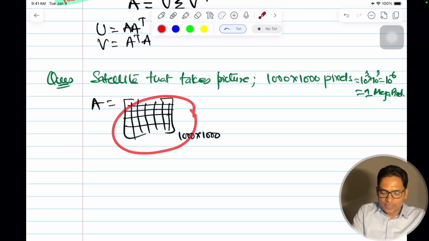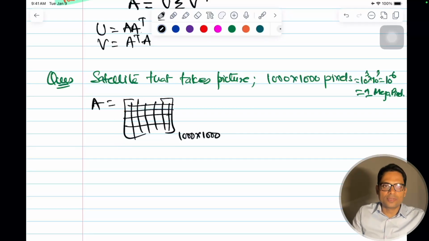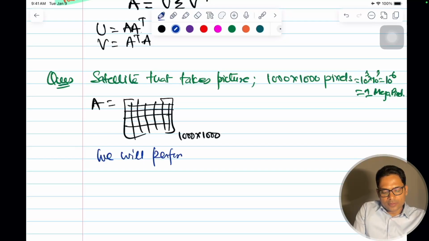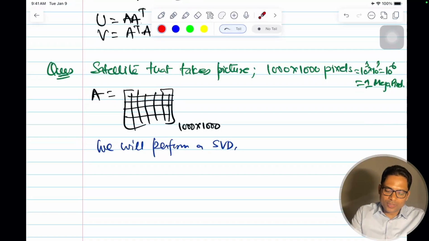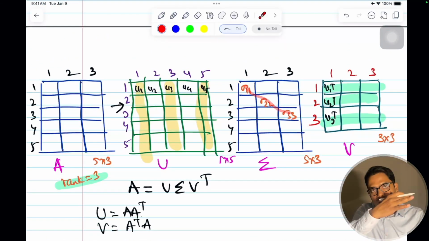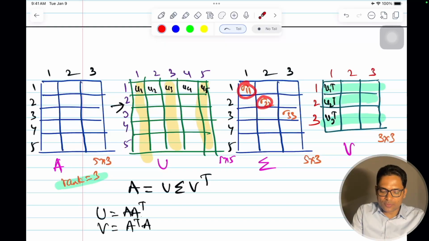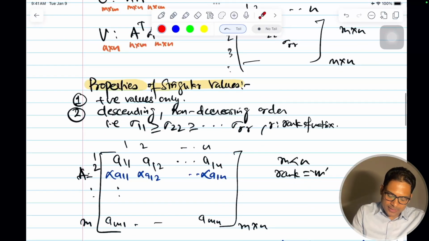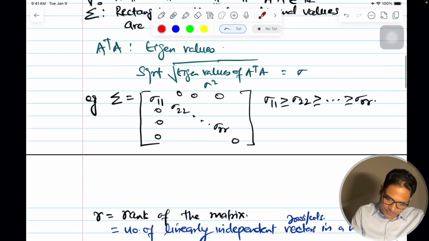So you have this matrix M, and we will perform an SVD of this and find out the singular values. This is all in reducing dimension, so this sends the most information. As I mentioned, this covariance matrix is capturing variance here. Where was the covariance matrix?